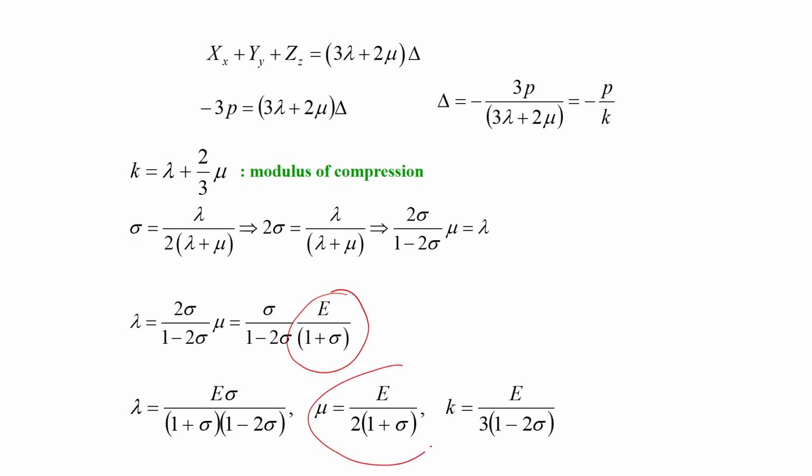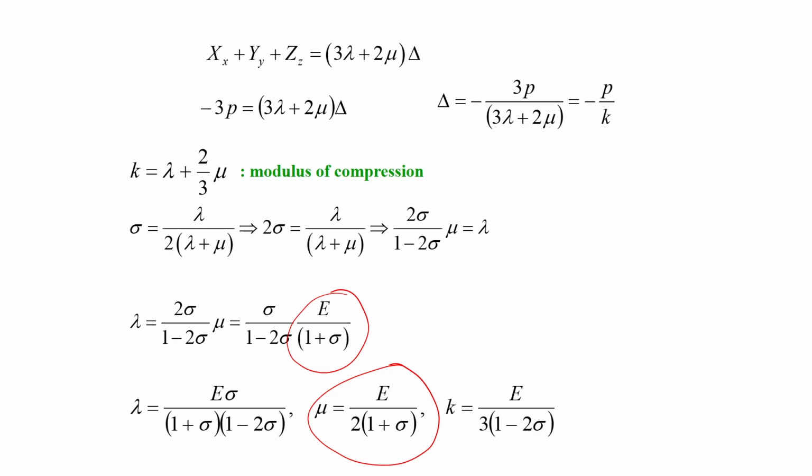So, we have all these relations, that the bulk modulus k is equal to E by 3 into 1 minus 2 sigma. E is the Young's modulus, mu is the shear modulus and k is the bulk modulus.